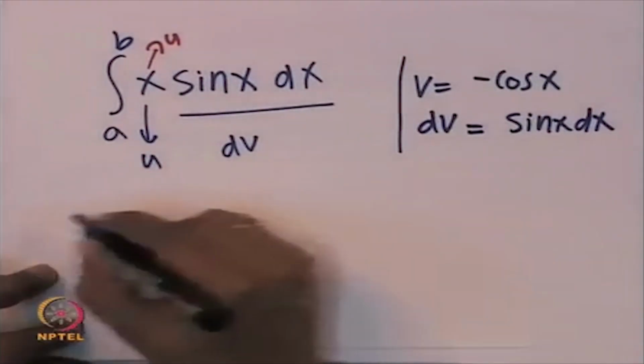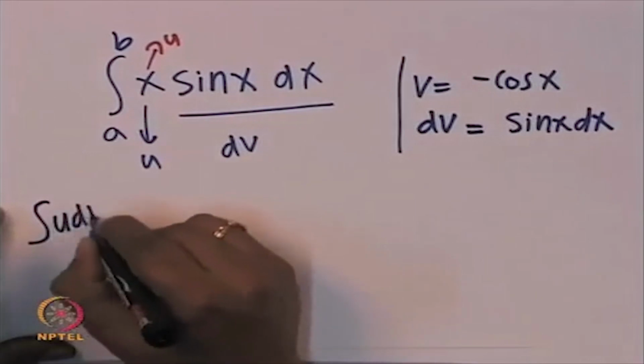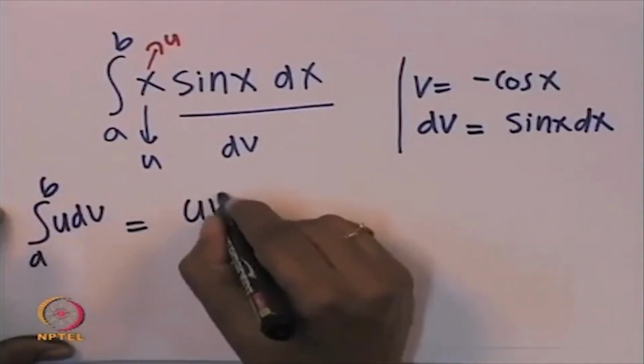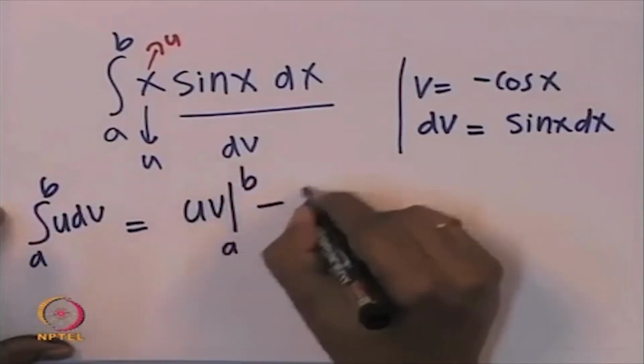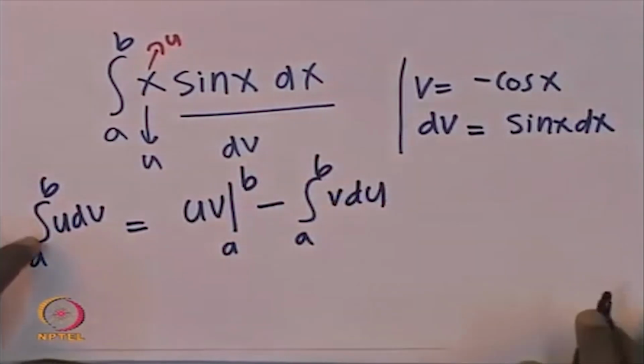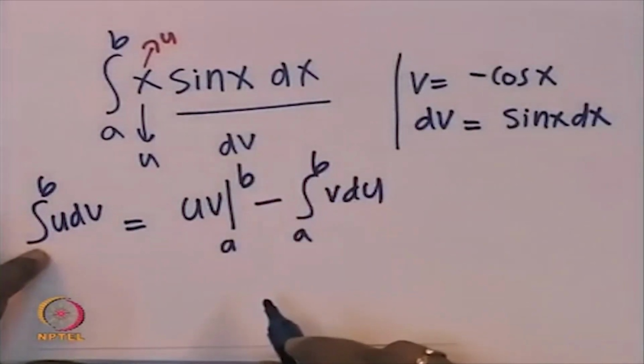The formula says that integral u dv from a to b is uv in the limit a to b minus integral a to b v du.